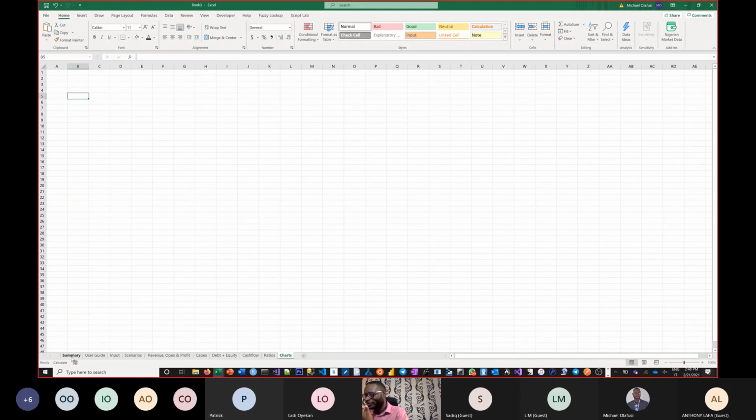So I'm going to skip summary because summary is always the last thing you do, right? So I go to inputs. Typically all the terms of the project are in the inputs.